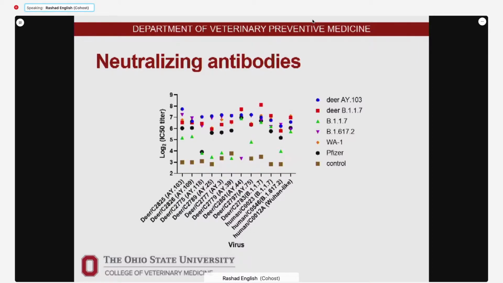But we also have some of the alphas showing great cross protection against the deltas, which maybe isn't all that surprising. So no real smoking gun, no major threat lurking in the deer to date, but we do have the idea that they are certainly able to hold on to and maintain some of those older lineage viruses that might end up coming back into humans at some point in time.